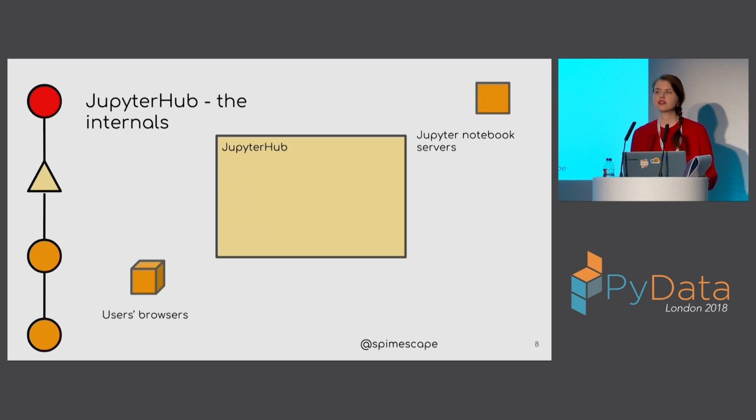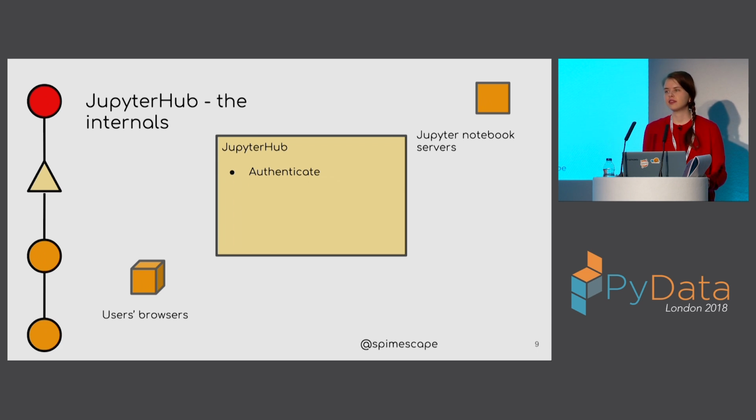So what are some of the things that JupyterHub has to do in order to make this work well? So first, when a user sends a request, it has to authenticate the user to make sure that they're allowed to perform these actions. Because we're essentially allowing users to execute code on our platform, we have to be quite careful that we don't just open this up to anyone. That can lead to severe security issues and problems downstream.